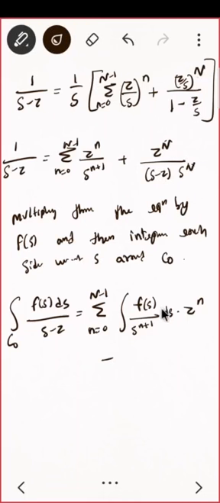Plus you can take z raised to n outside, and the integration will be just f of s ds upon s minus z into s raised to n. Correct.